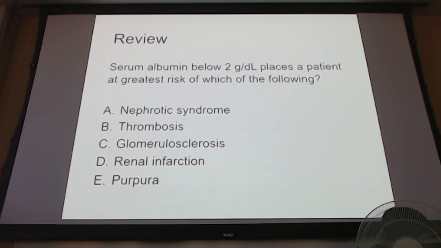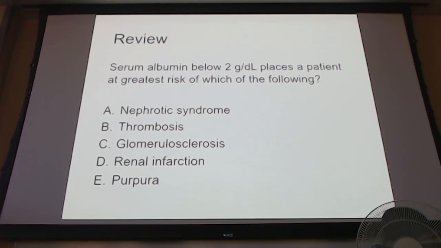Does having a serum albumin below 2 increase a person's risk of having a nephrotic syndrome? No. Having a nephrotic syndrome can cause your serum albumin to be below 2. But let's say somebody's serum albumin is below 2 because they're old and frail and haven't been eating. Does that mean they're going to develop a nephrotic syndrome?